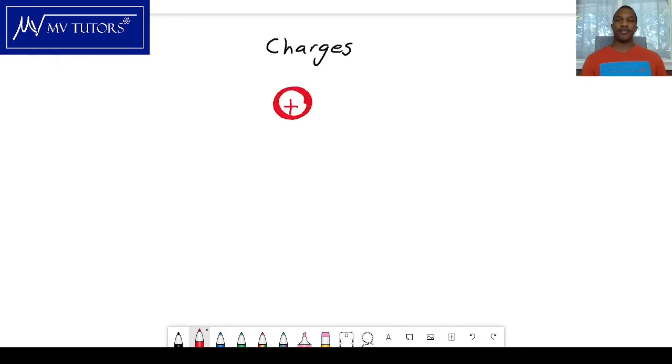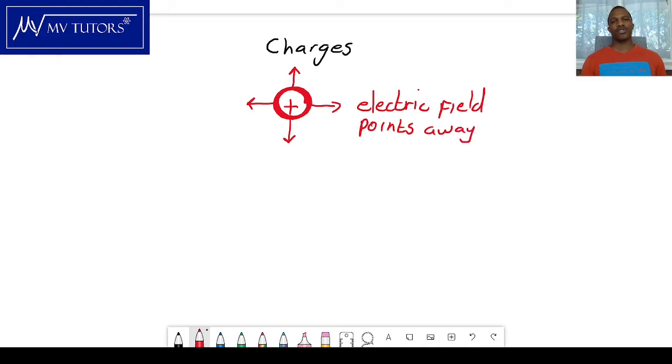There's something you have to know about a positive charge with reference to its electric field: a positive charge has an electric field that points away, just like that.